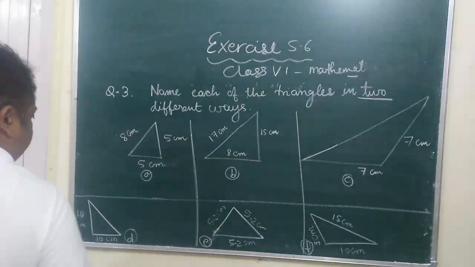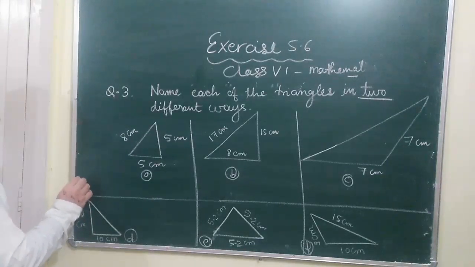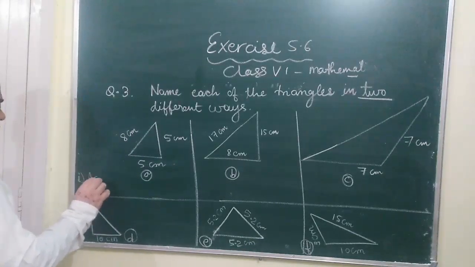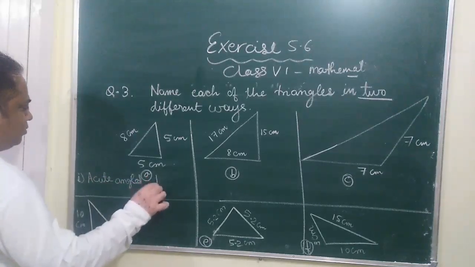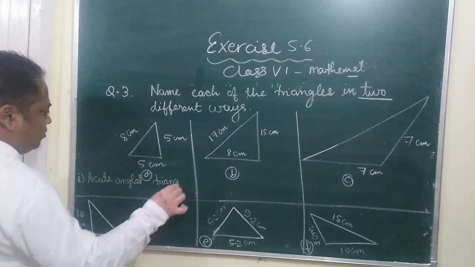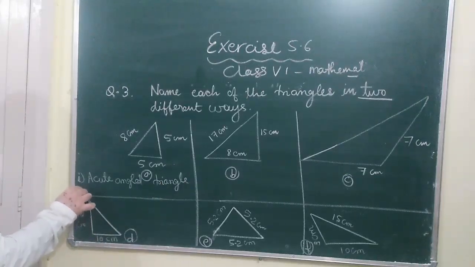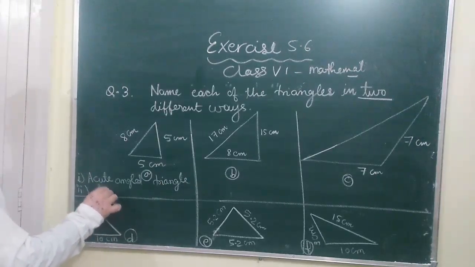So we'll write the two names as first acute angle triangle, and second is isosceles triangle.